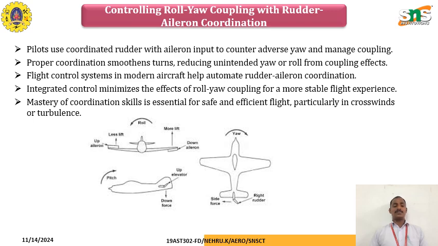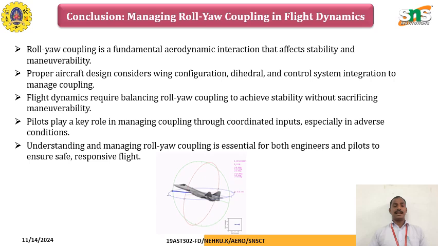Flight control systems in modern aircraft help automate rudder aileron coordination. Integrated control minimizes the effect of roll yaw coupling for a more stable flight experience. Mastering coordination skills is essential for safe and efficient flight, particularly in crosswind or turbulent landings.